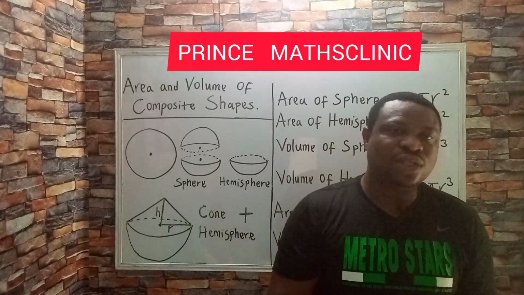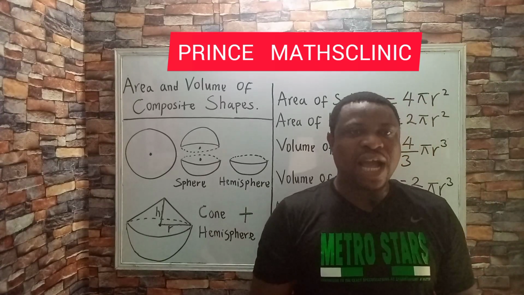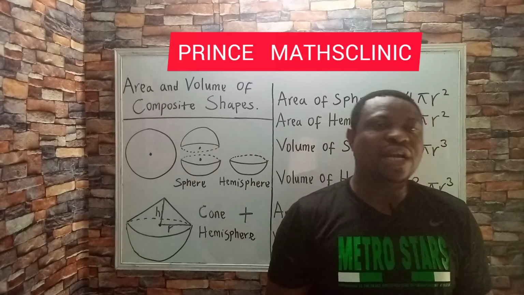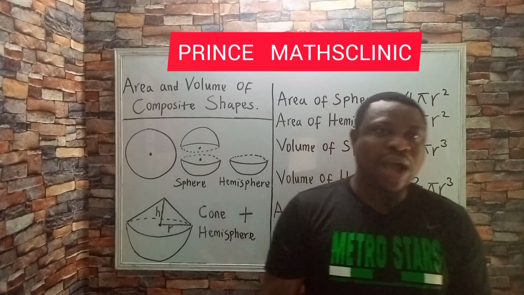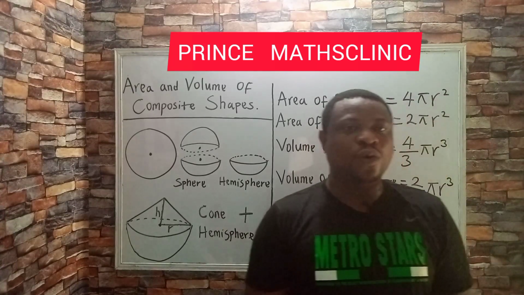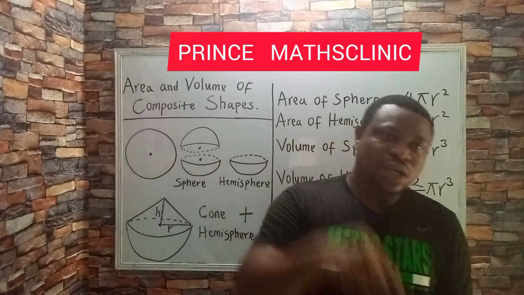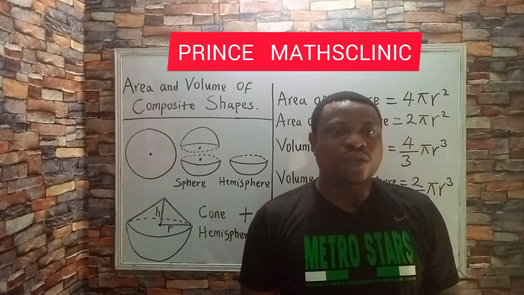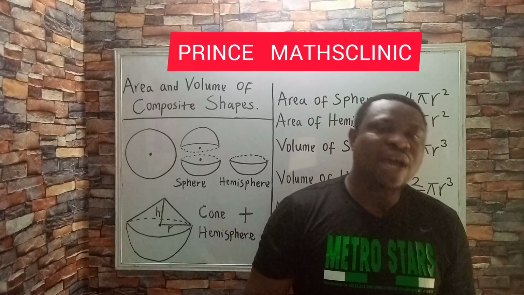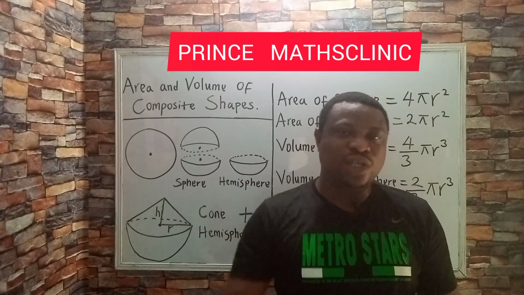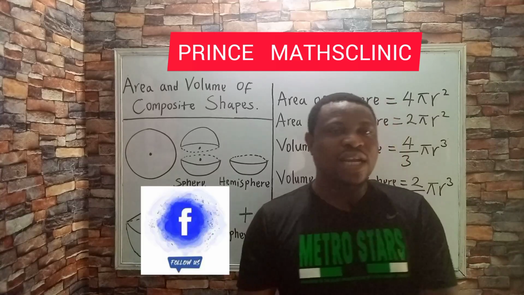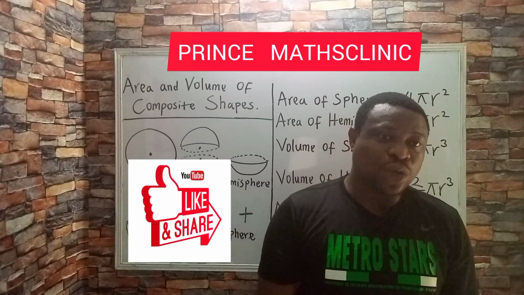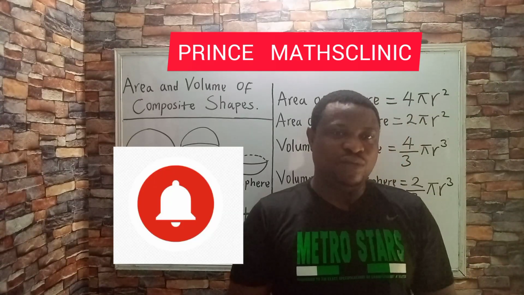You add it to the area of the cylinder, then you add it again to the area of the cone. Likewise, if you are to do for volume, you look for the volume of the cylinder, you add it to the volume of the hemisphere, then you add it to the volume of the cone. Adding all of these together gives you either the area of the solid itself or the volume of the solid.